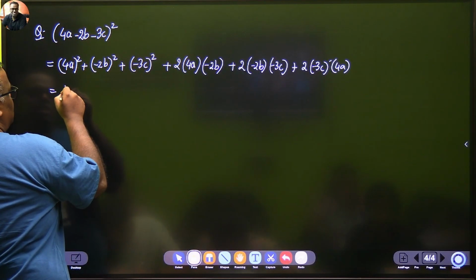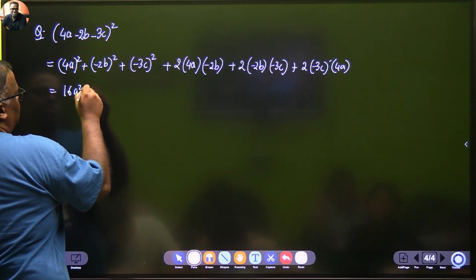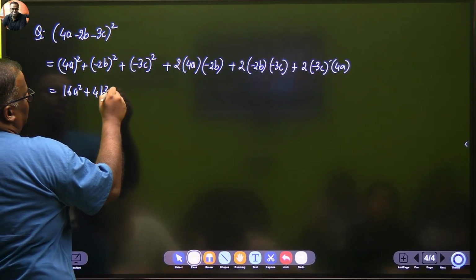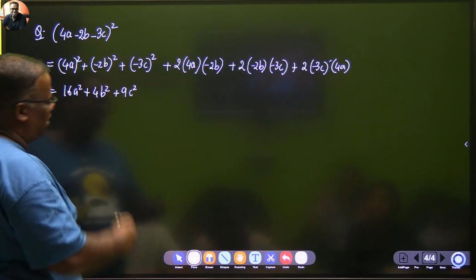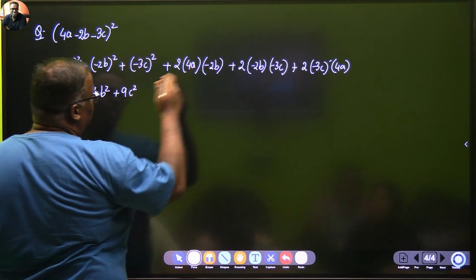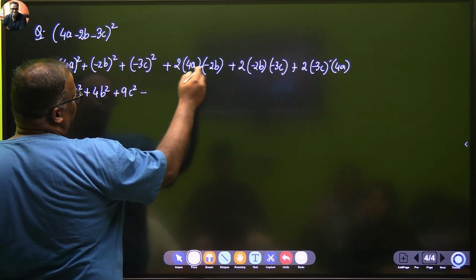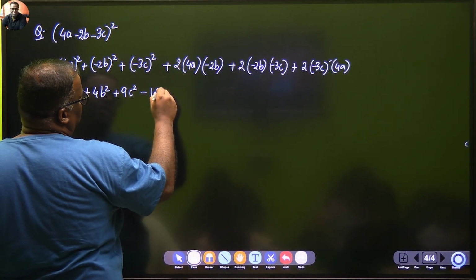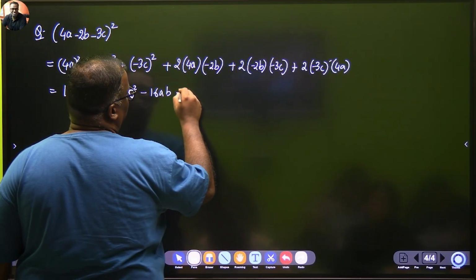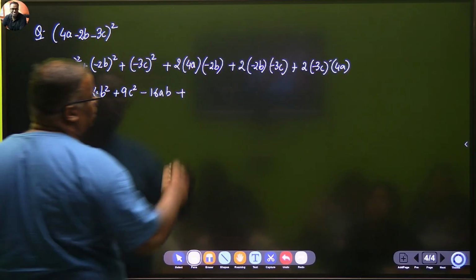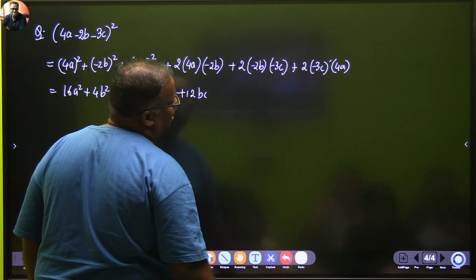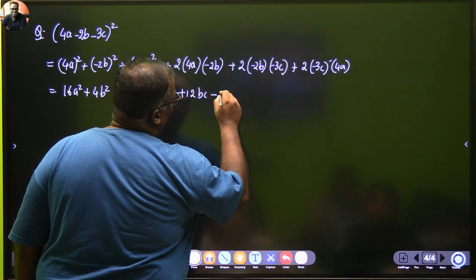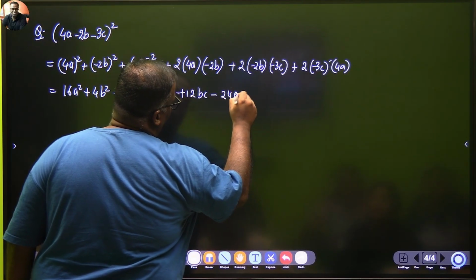This becomes 16A square plus 4B square plus 9C square. Now look at it, children. A positive term with a negative, so it becomes 2 times 4 times 2, 16AB, and this becomes positive 2 times 2 times 3, 12BC, and this becomes negative 2 times 3 times 4, 24AC. Our problem is done.